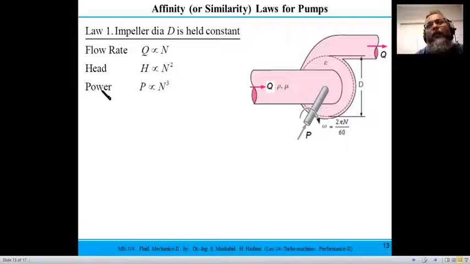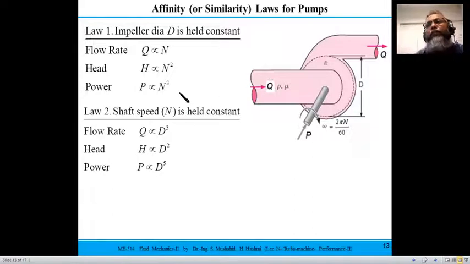And the power requirement to run this pump would be proportional to the cube of the RPM. So here we are keeping one impeller but working with different speeds. If you change the speed for a given impeller, your flow rate, your head, and your power requirement change.